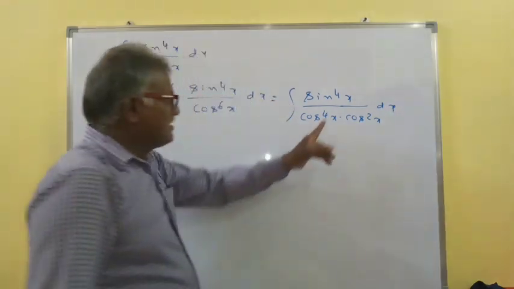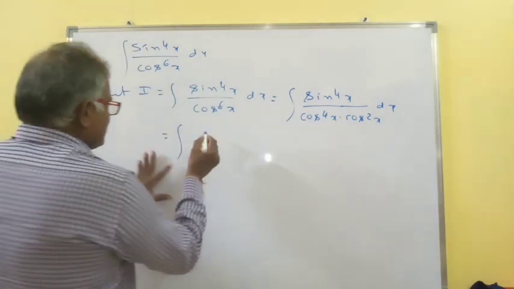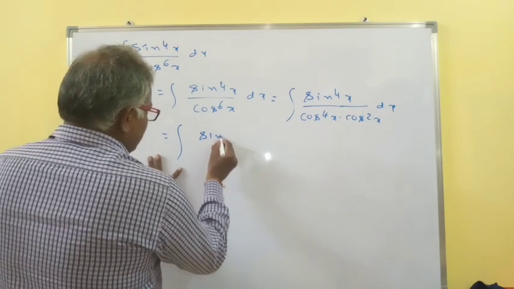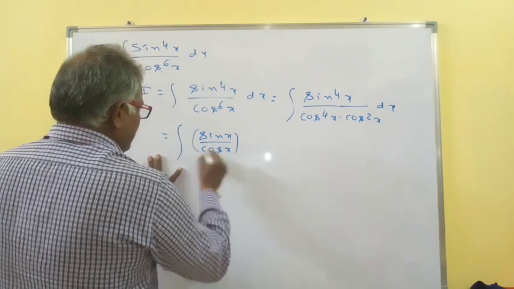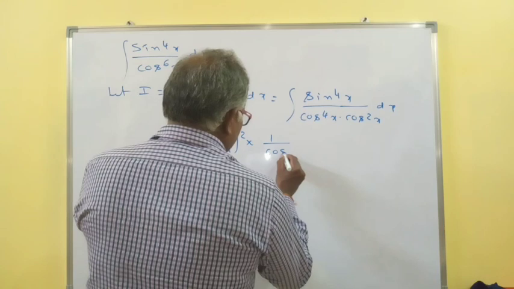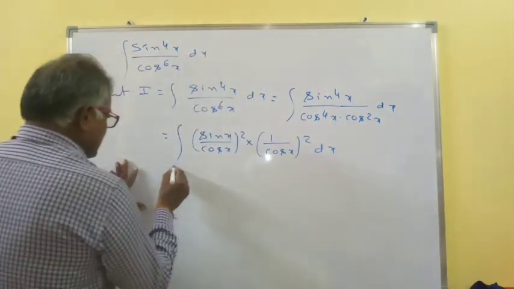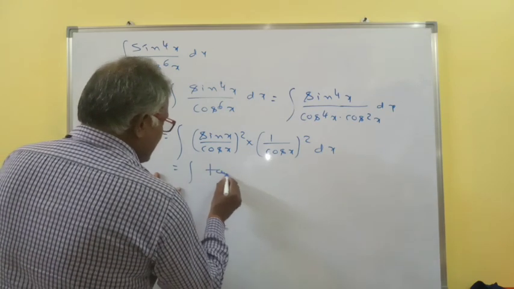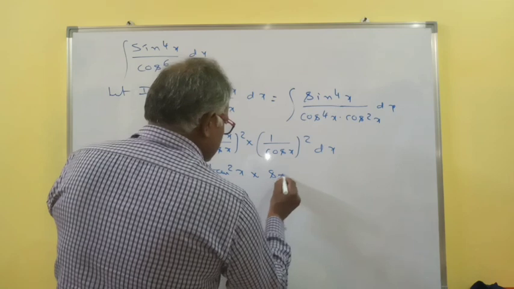Sin by cos means tan. So you should write again sin x by cos x whole power 4 into 1 by cos x whole square. Here this is nothing but tan power 4 x, or tan square x into secant square x.